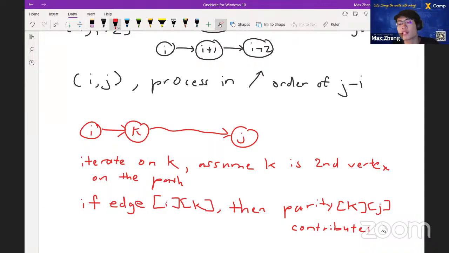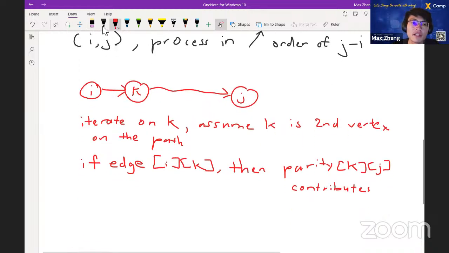So from a counting perspective, we're basically trying to count all the paths that go from i to j through some intermediate vertex k, where k is the second vertex on that path. And so if there's an edge from i to k, then we can take all the paths from k to j, and that all contributes to the parity. And so basically, for every single k where the edge exists, we take all the parity of kj, we XOR them all together because parity basically flips.